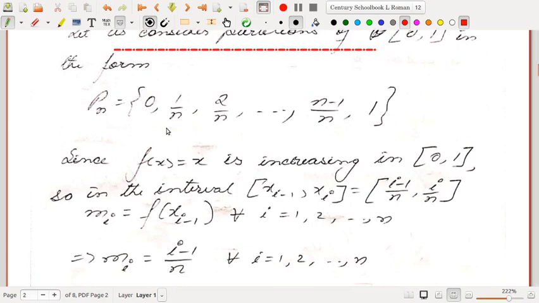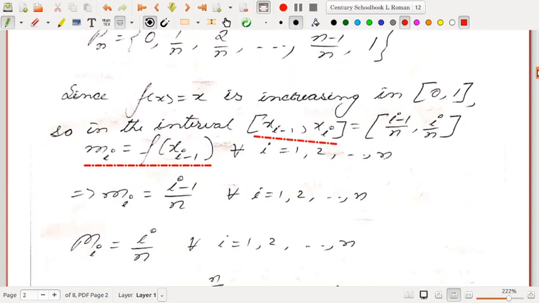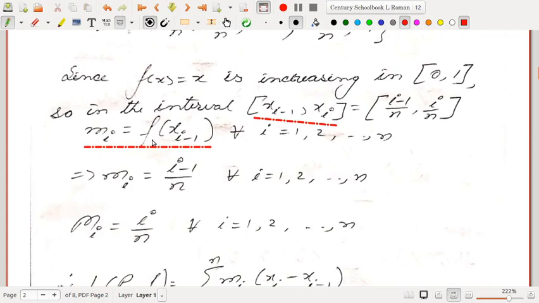Since f(x) = x is an increasing function in [0, 1], in the interval [x_(i-1), x_i], the small m_i, the infimum of f, will be the value taken at the lower endpoint of the subinterval, since it's an increasing function. So small m_i is f(x_(i-1)) for every i.